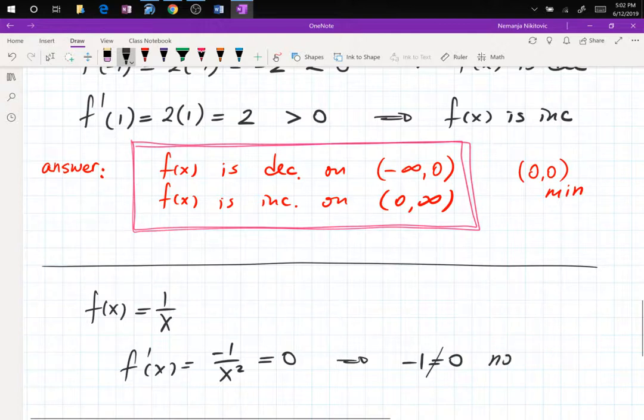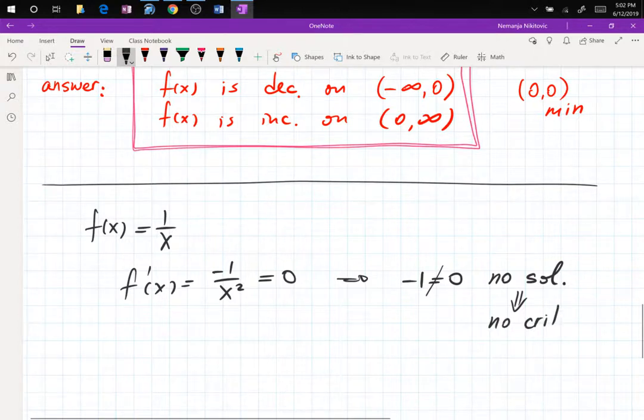Well, that has no solution. If that has no solution, that means no critical points. We did this yesterday. And that further means no min max. So this is the procedure. If you have no critical points, in that case you will have no min and max.